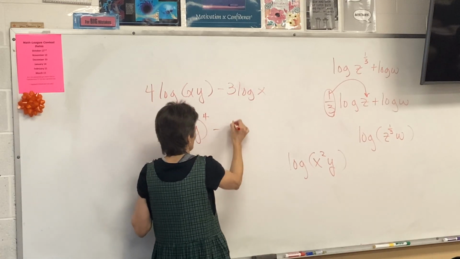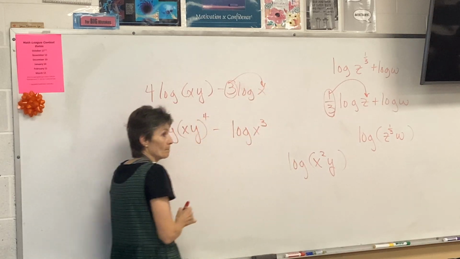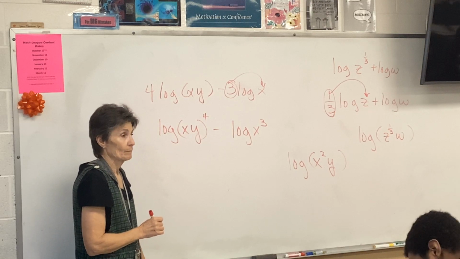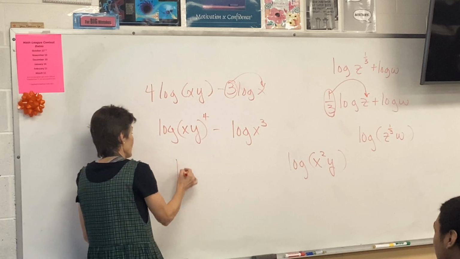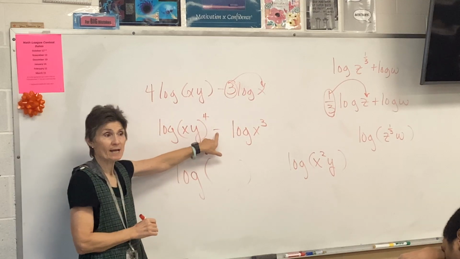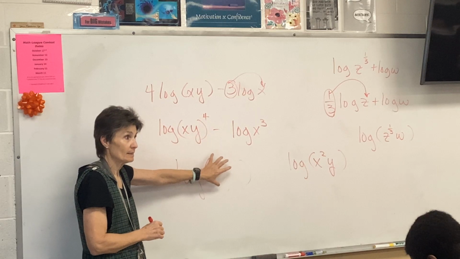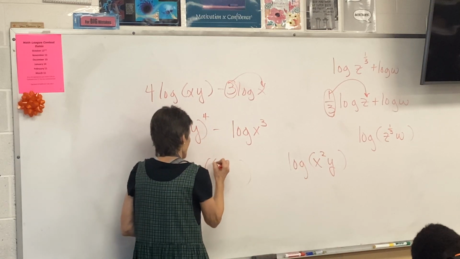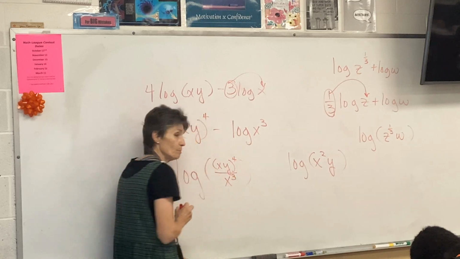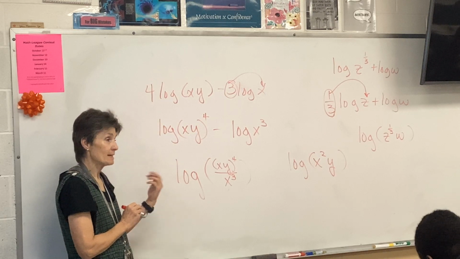And what about that? Isn't that going to do the same thing? I'm gonna put it together in one logarithm. And since that's a minus, I'm gonna put it together as a divide. So I'm gonna have xy to the fourth divided by x cubed. Now, this hadn't happened with our other ones.